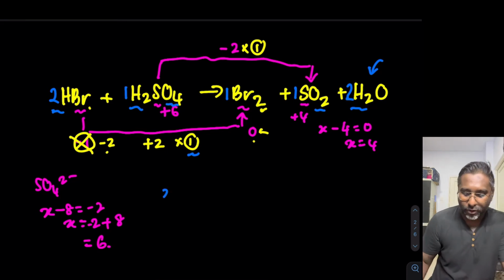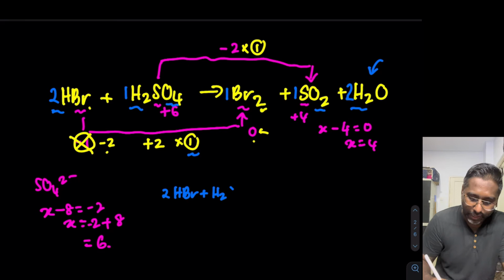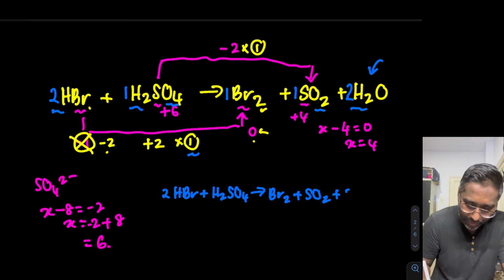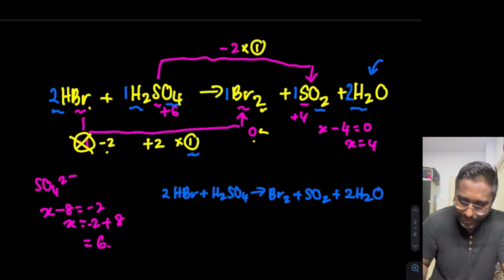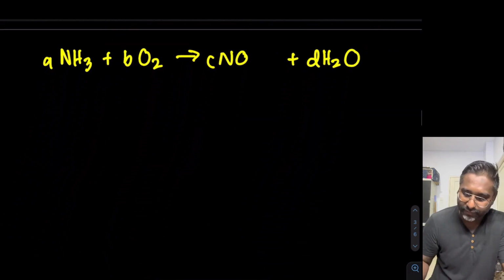And if I check on my left, there are also 4 atoms of hydrogen. Therefore, the final balanced equation is going to be HBr plus H2SO4 to give you Br2 plus SO2 plus 2H2O. So this is balanced.